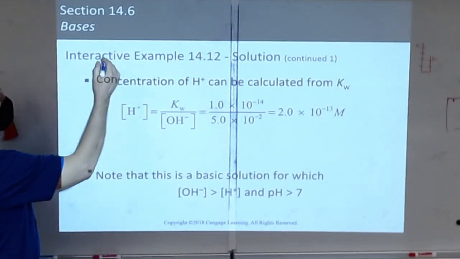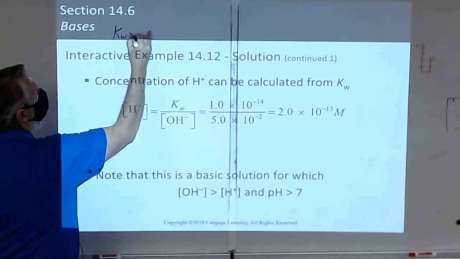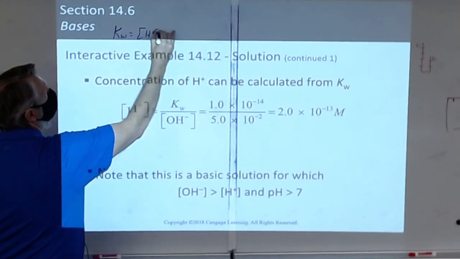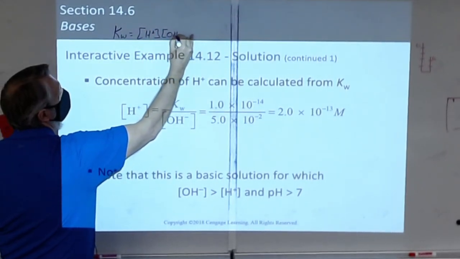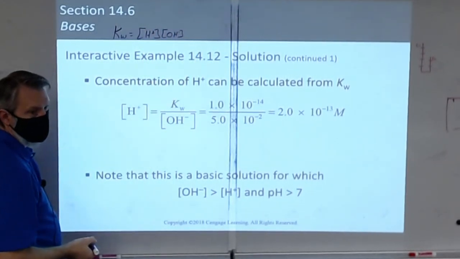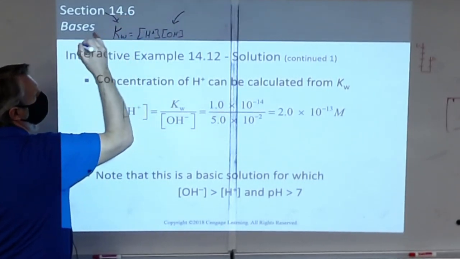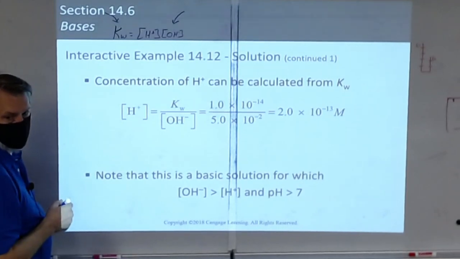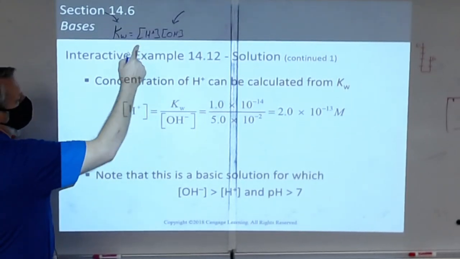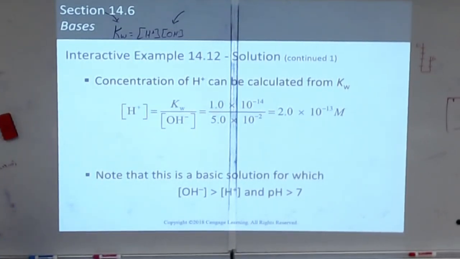If you remember that Kw equals H plus times OH minus, and we always know that because it's a constant, 1 times 10 to the negative 14. There you go. I can solve for that, yes? Bingo. All you got to do is make that happen.